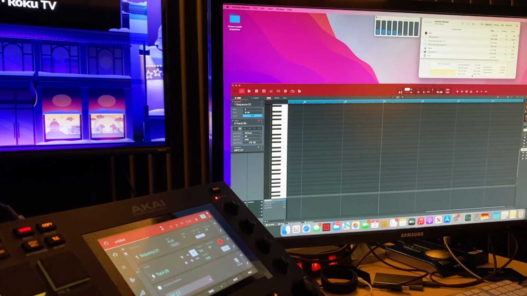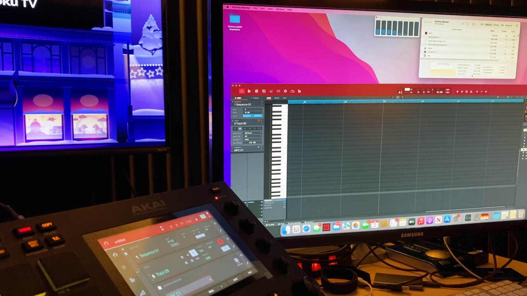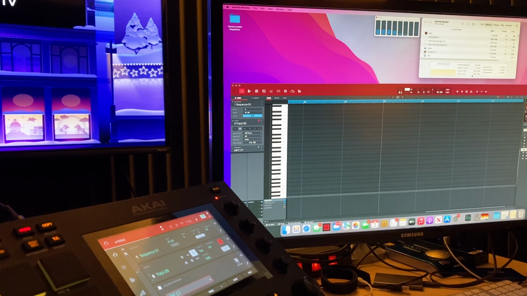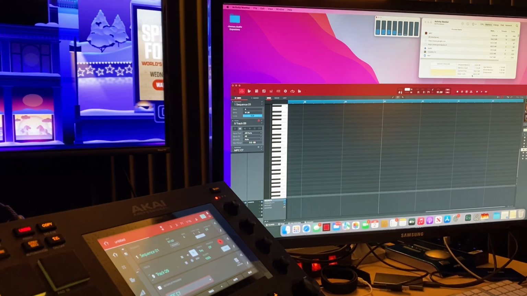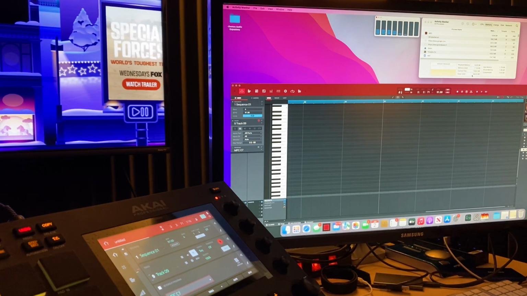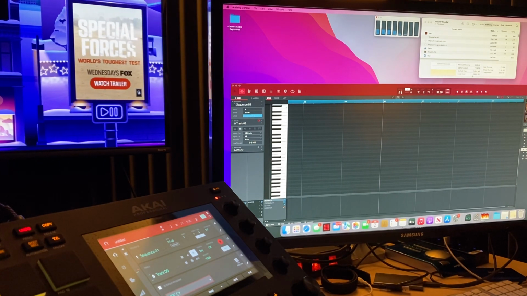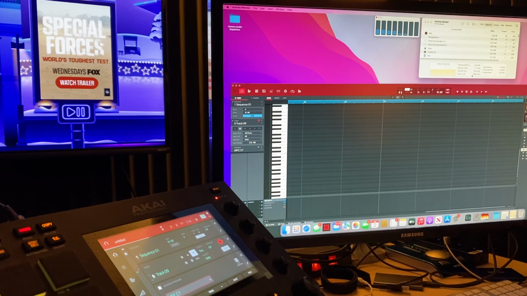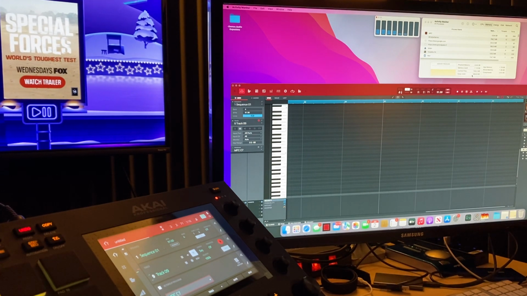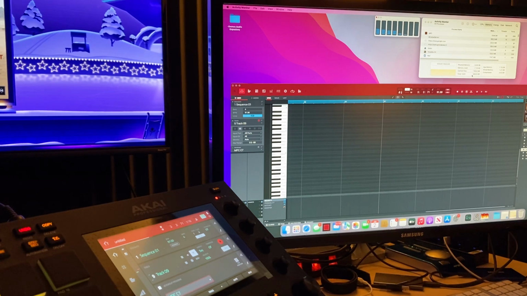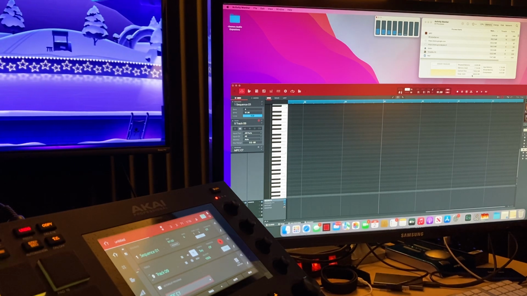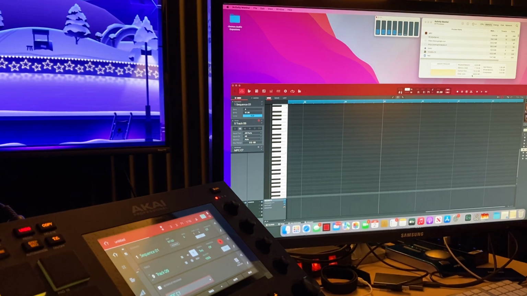And so the base model M1 Mac Mini looks like, and I'm glad I'm starting with the lowest amount, the CPU can actually handle everything that I'm going to do, albeit I'm going to be using Studio One 6 simultaneously with the MPC.